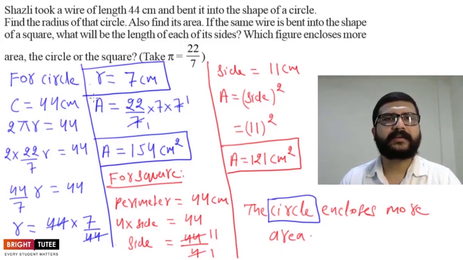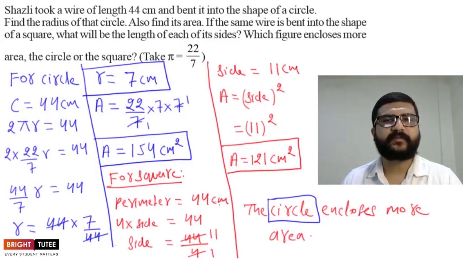Now let's recall whatever we have done in this question. So here it was given a wire of length 44 centimeters which is bent into a shape of circle and square. So it means perimeter of the circle or the circumference of the circle is 44 centimeters. Now by using the formula for circumference, we got radius of the circle, and then using the radius we got area of the circle, and then we have done for square.